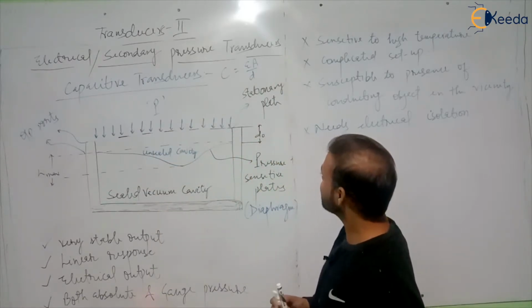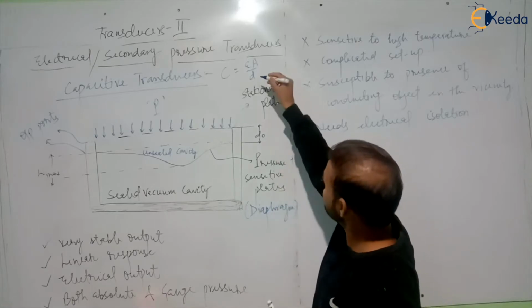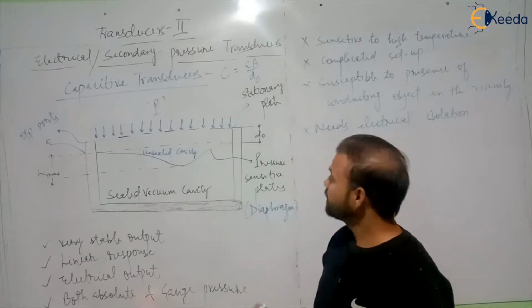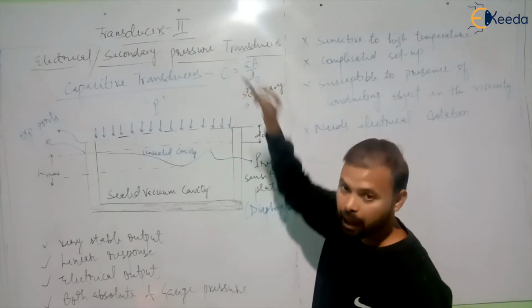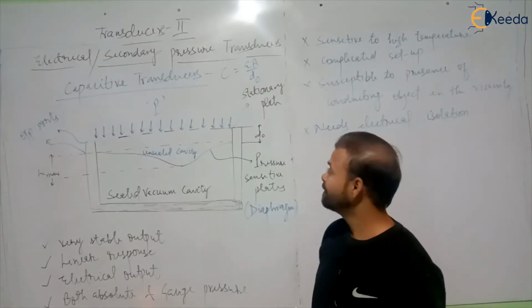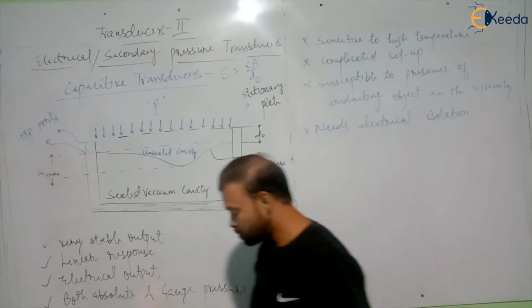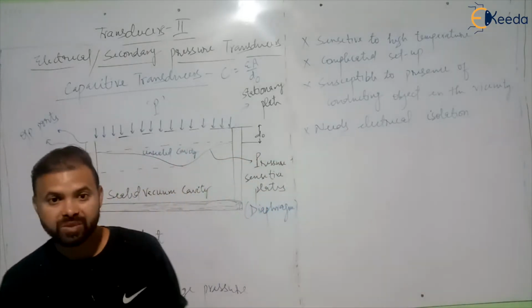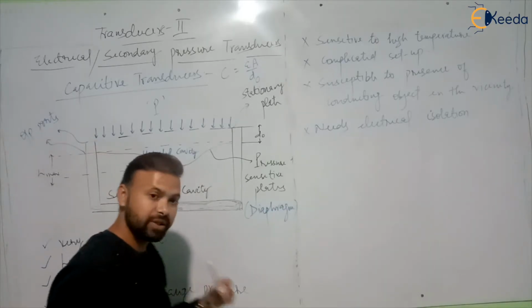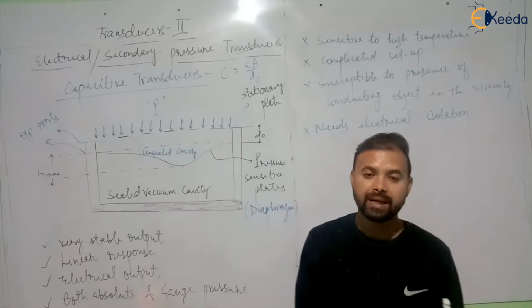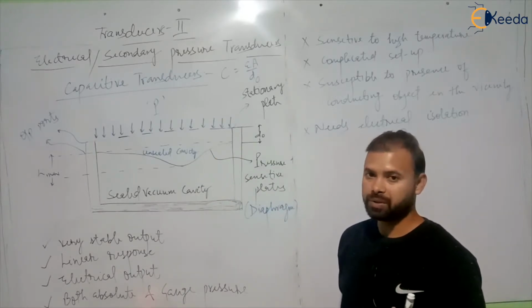So if the distance between the plates is getting changed upon the application of pressure, then your capacitance value will be changed. If we connect this capacitor in a Wheatstone bridge, then you will get some voltage output, right?